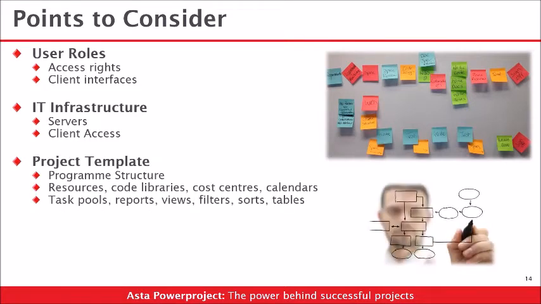It also means you can have centrally controlled project templates, program structures, resources, code libraries, costs, calendars, task pools, and so on, all within one system. Rather than creating views, reports, filters and resources for just one project, they can be shared across all projects.